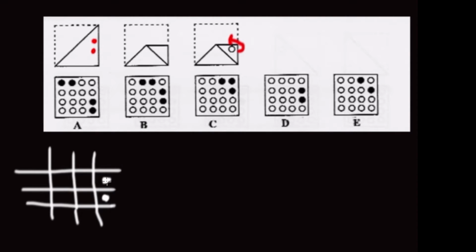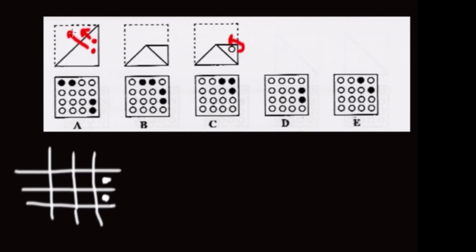So there we go. Now we have only one more fold, and that would be a diagonal fold. So when it comes to diagonal folds, you have to keep in mind that the resulting holes will be across this way, like this.